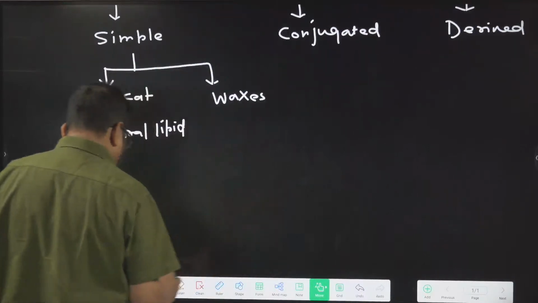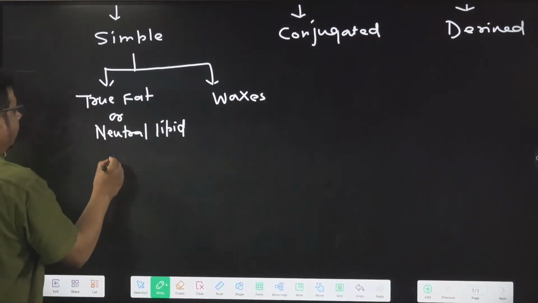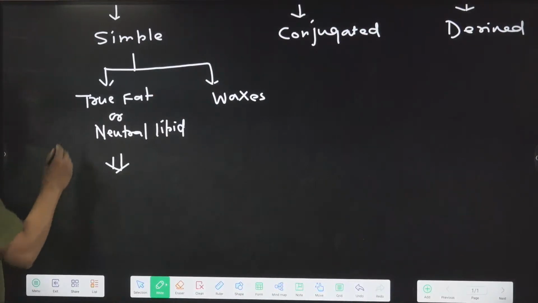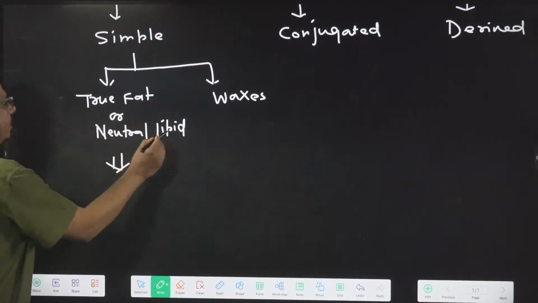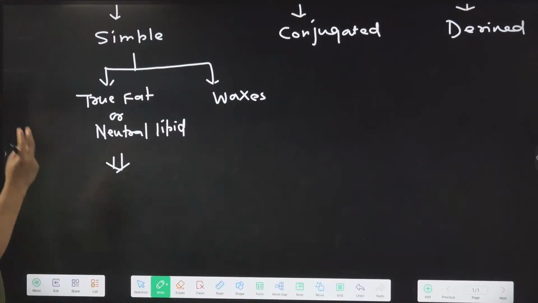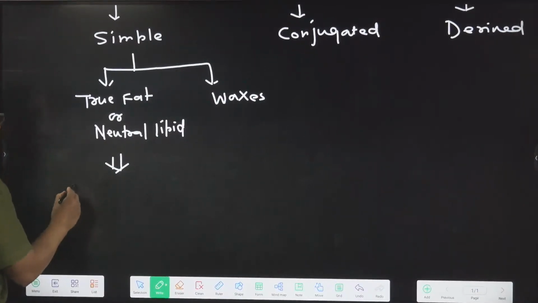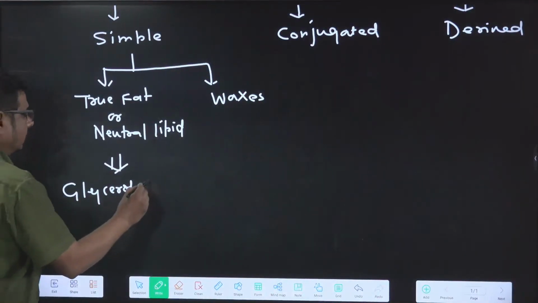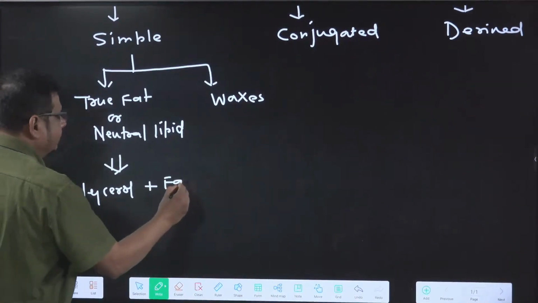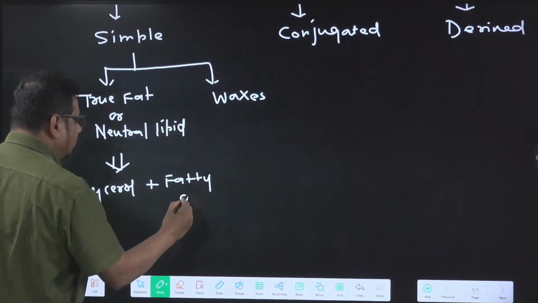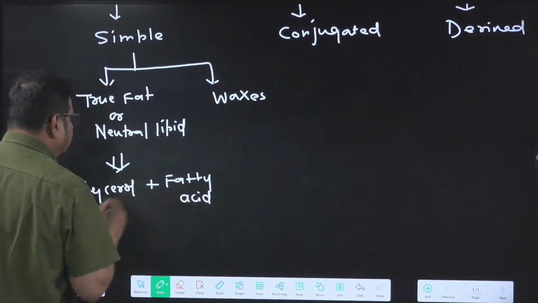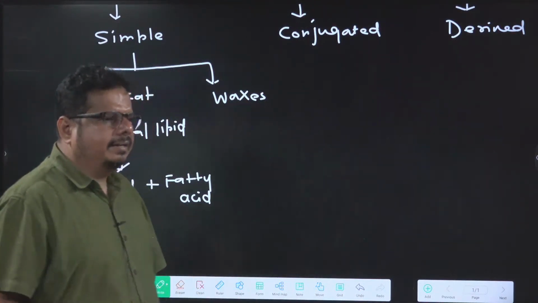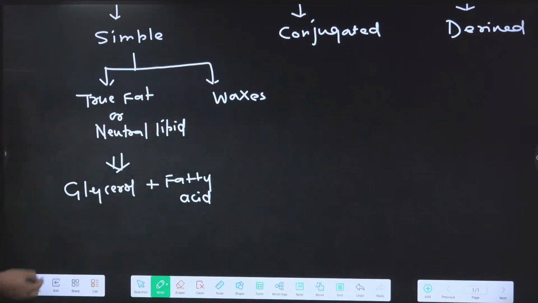Now, if you talk about this true fat or neutral lipid, it is made up of 2 components. One component is glycerol and another component is fatty acid. So if someone asks you true lipid or neutral fat or true fat, made up of what?